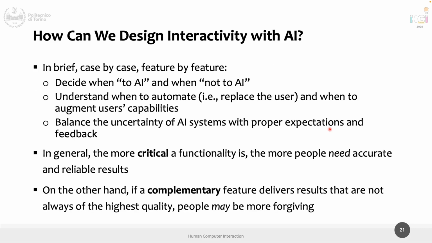So how can we design interactivity with AI, keeping in mind uncertainty and inconsistency? First of all, we need to decide when to use AI and when not to. Not everything should be done with AI. I'm talking to AI people, especially. There are things that don't make sense, and others that make a lot of sense.